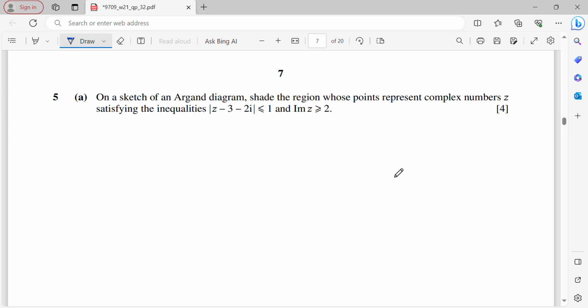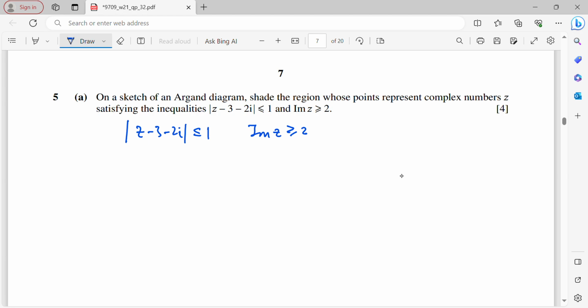A. On a sketch of an Argand diagram, shade the region whose points represent complex number z satisfying the inequality modulus z minus 3 minus 2i less than or equal to 1 and imaginary of z greater than or equal to 2.